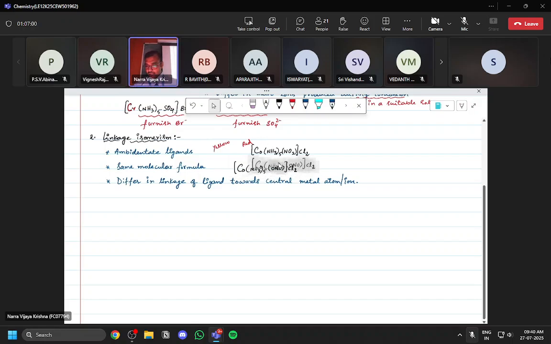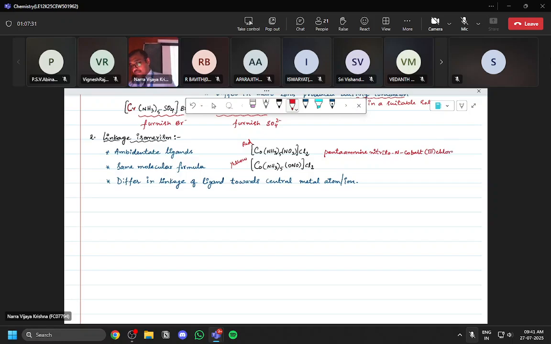Pentaamminenitrito-N cobalt 3 chloride. Next one, pentaamminenitrito-O cobalt 3 chloride.